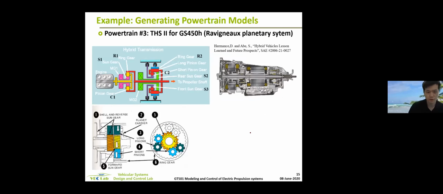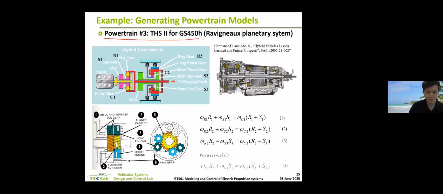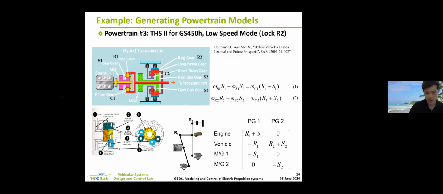Continuing, we also looked at another Toyota hybrid system, which was a high performance rear wheel drive hybrid, which had 2 speed reduction gears. So we had to go through all of these equations, but now this is all you need, okay?